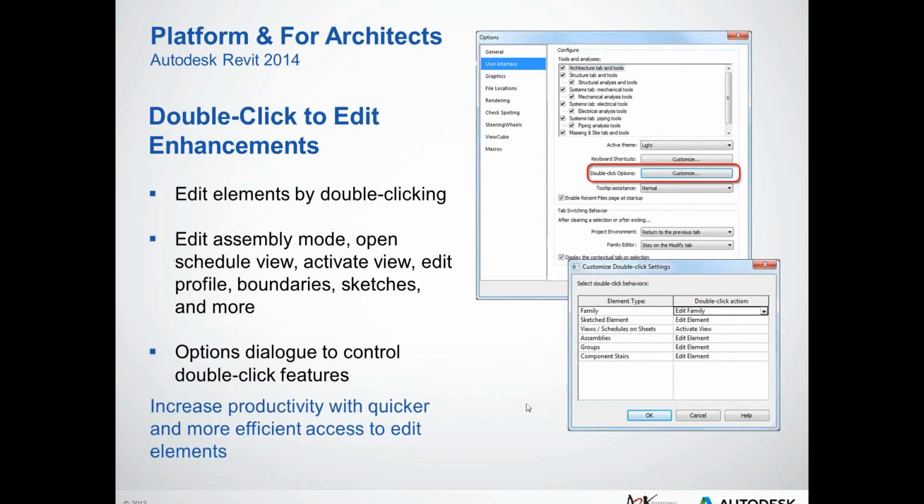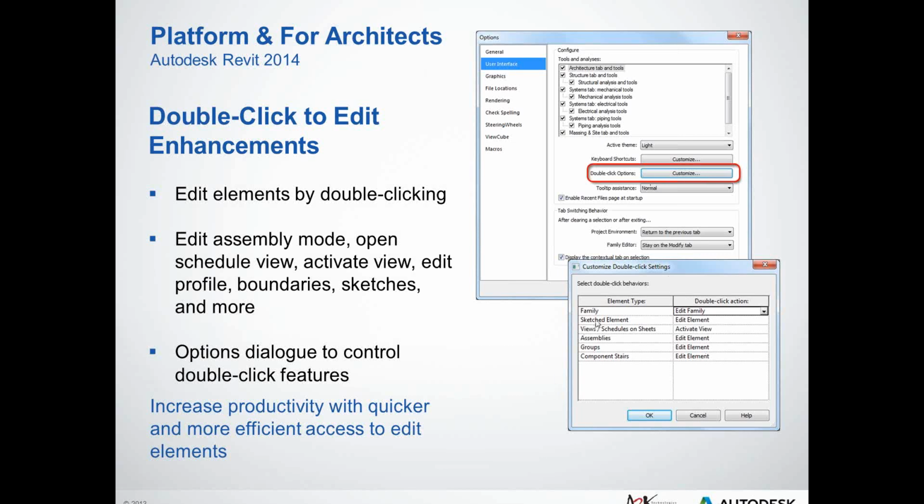I think everybody probably knows the pain of some of the double-click functionality that we had in 2013, particularly when you were editing the likes of tags, being able to edit those tags quite quickly. By double-clicking, it actually opens it up inside the family editor. Now inside the options, you can see there we have a double-click options customize button, which will allow you to customize how you want your double-clicking to function for you.